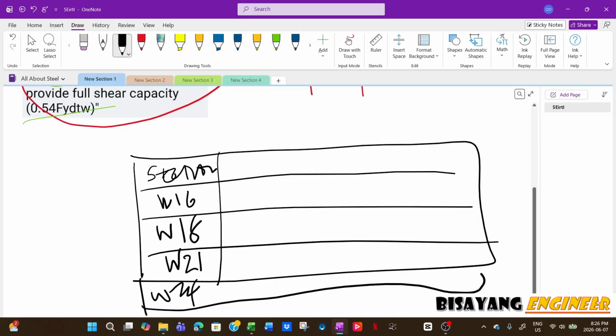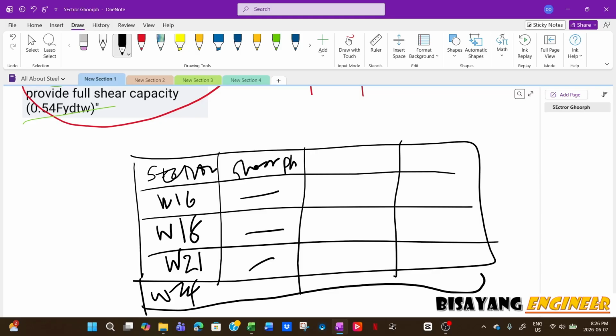And then I will have the shear plate size, then moment plate size if required, and then number of bolts. So shear plate and number of bolts, and then shear plate, number of bolts, something like that.